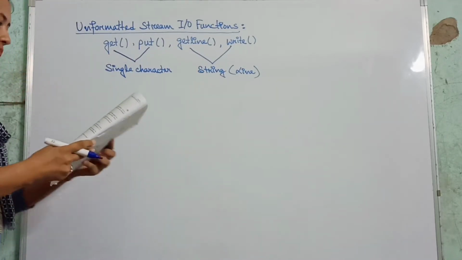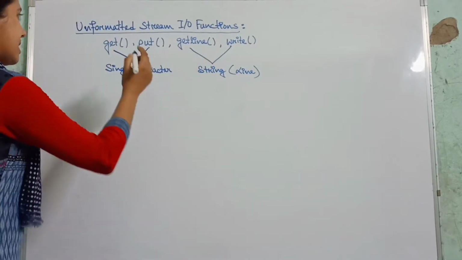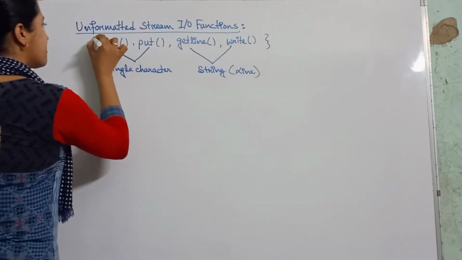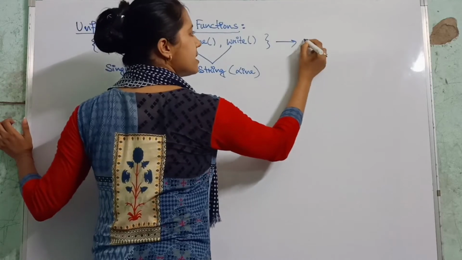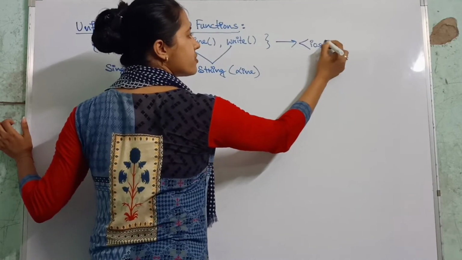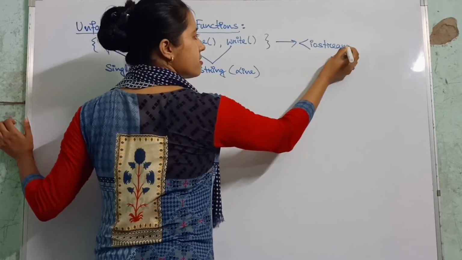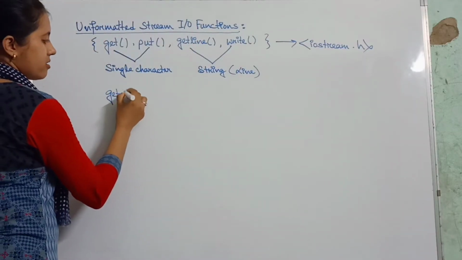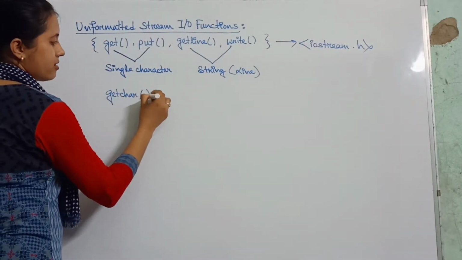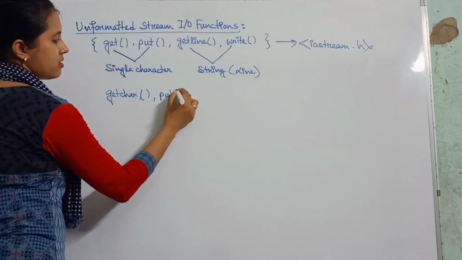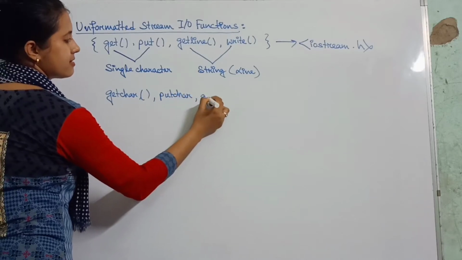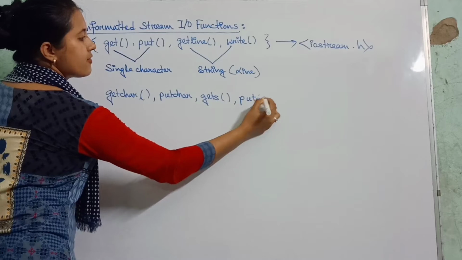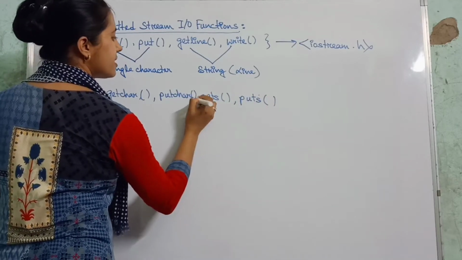Now you see, you remember all these 4 functions are included inside the header file iostream.h. Okay? You remember that getchar, putchar, then gets, puts, all these were included in which header file?